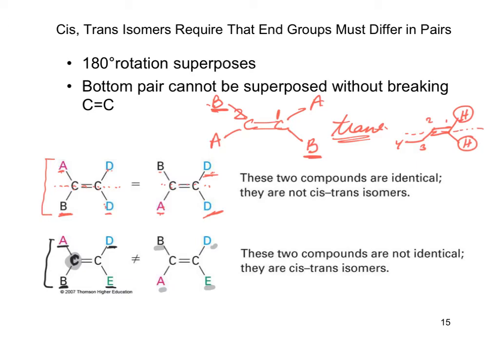Now, it should be mentioned here that the cis and trans naming system works only with di-substituted alkenes.